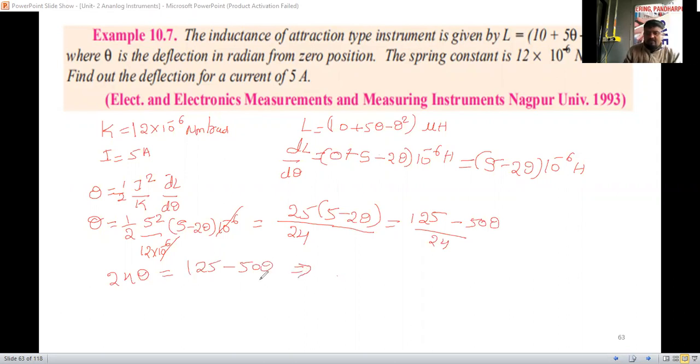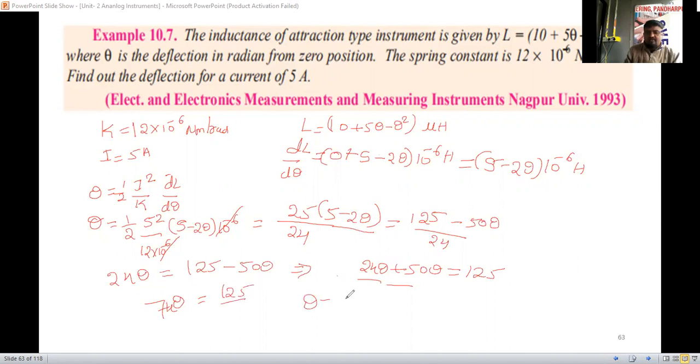Next, send the minus 50 to the other side. So it becomes 24 theta plus 50 theta equal to 125. 24 theta plus 50 theta is 74 theta equals 125.